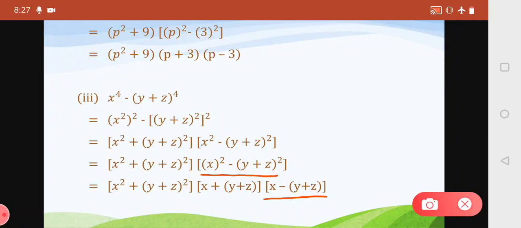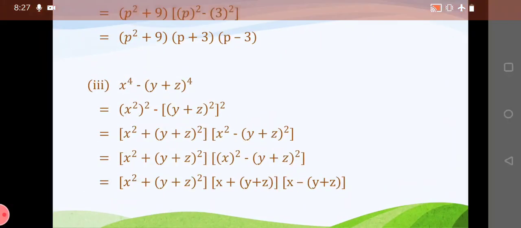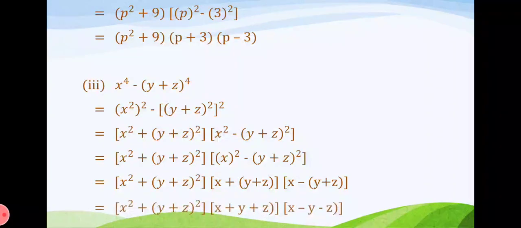Now write y + z first in a bracket, because if a minus sign is there before the bracket, the sign inside the bracket changes. So wherever the minus sign is present outside the bracket, take care while opening the bracket. Then after we open the brackets, that is equal to (x² + (y + z)²)(x + y + z), because when the plus sign is present no change is there, so we write it as it is.